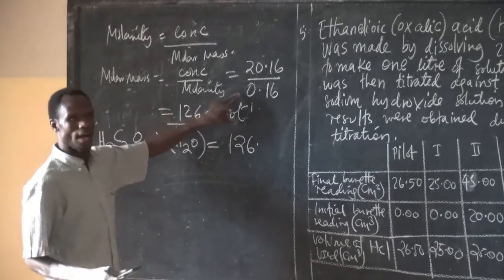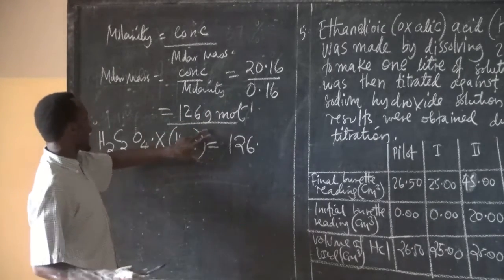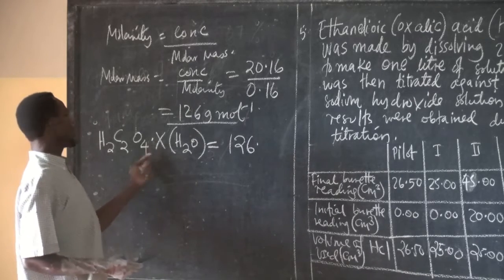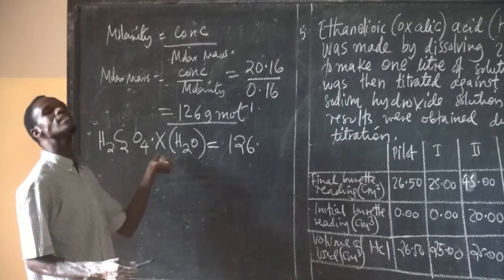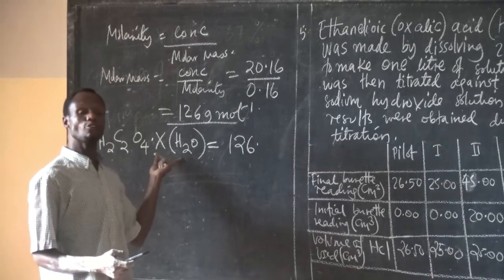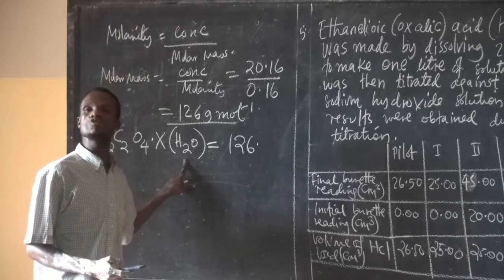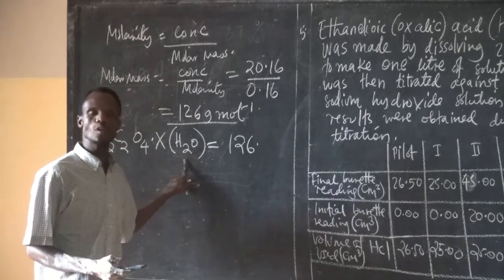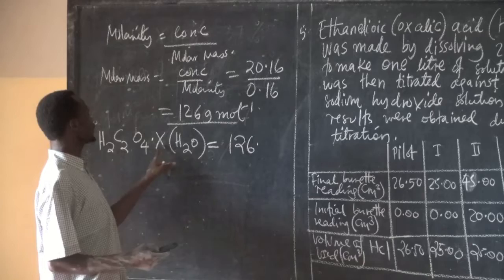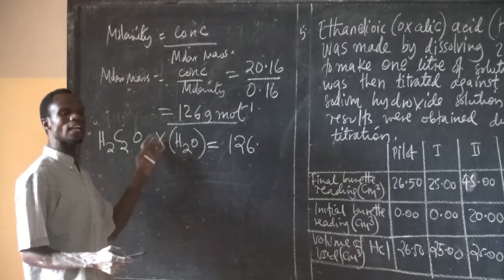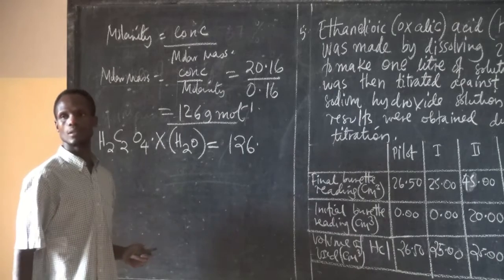After we have that molar mass, we have to write the chemical formula for the question. This means this is hydrated oxalic acid. It is incorporated with water. It is bound with water. So we are looking for the number of molecules of water that were incorporated with oxalic acid.